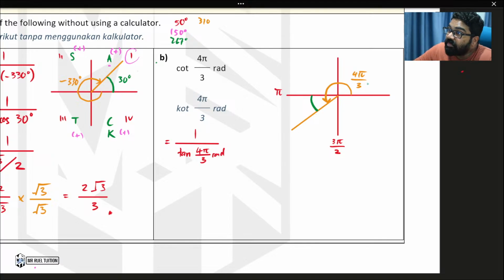Just use simple logic, class. Don't memorize. Just use simple logic. The angle goes until here, but I only want this part. So I have to subtract 180. Yeah, minus 180, so minus pi. 4 pi over 3 minus pi. This is pi over 3.